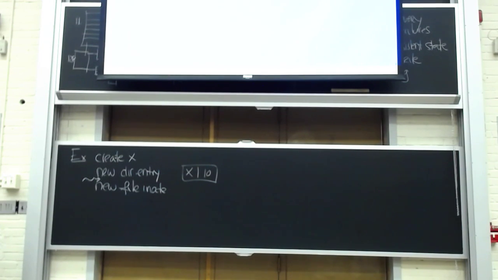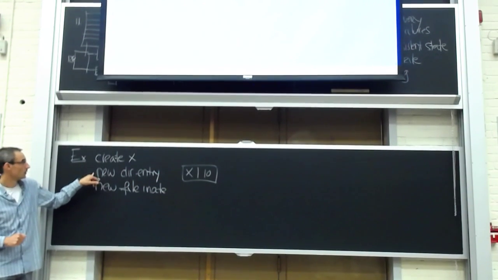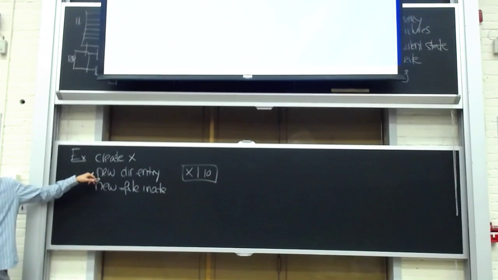Would that be good? Why not? This is the only disk write we've done, to actually create this directory entry. We have done no other disk writes. What could go wrong?